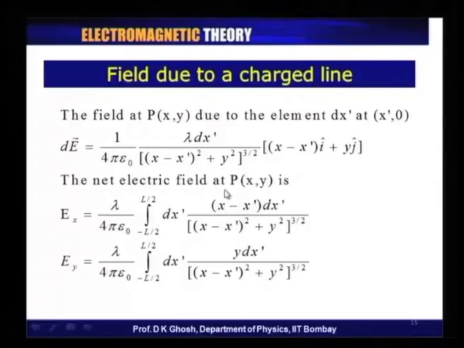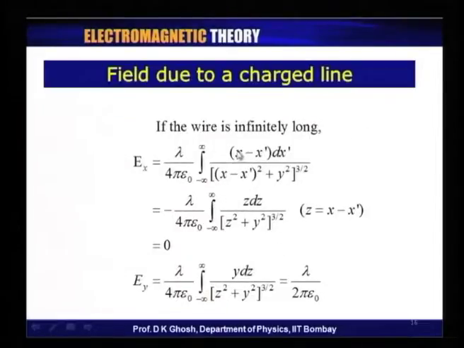Suppose I say x minus x prime is equal to z, then dx prime is minus dz. So this integral becomes the integral of z dz over (z square plus y square) to the power 3 by 2, from minus infinity to plus infinity. And this integral is 0 because this is an odd integral. Therefore, the x component vanishes.